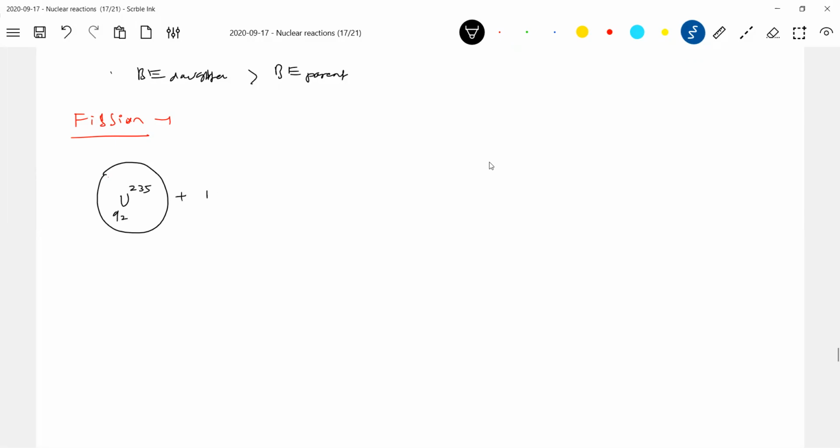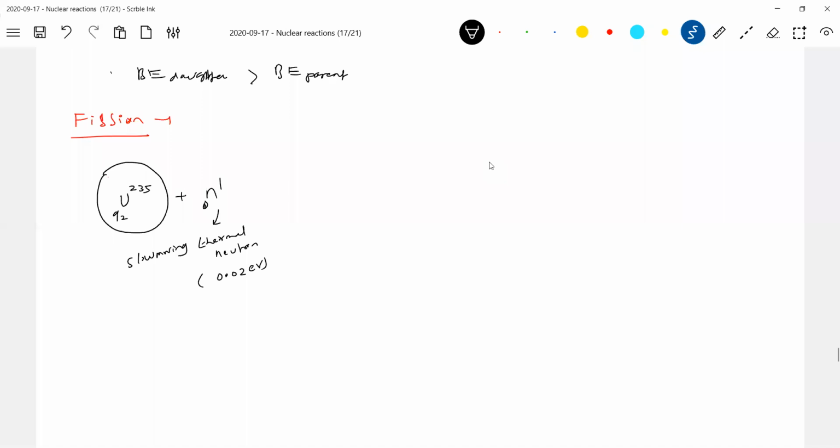When it absorbs a slow-moving thermal neutron, what is the energy of this? It should be 0.02 electron volt. Look at this, almost at rest, no? Slow moving.